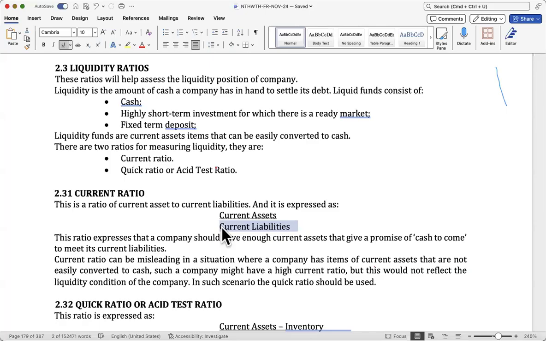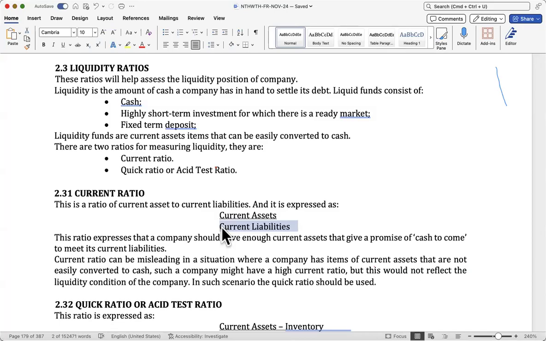But the most important measure is to compare with your previous year, with other companies, or with the industry average.